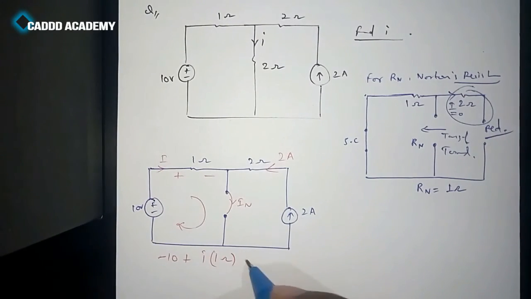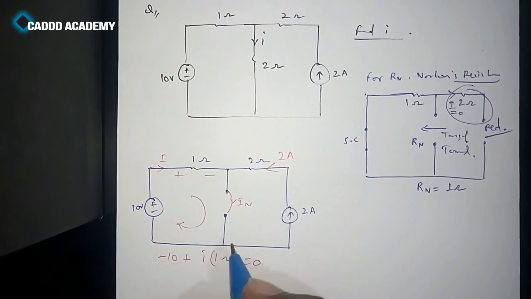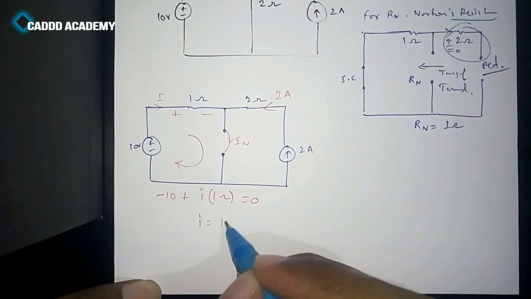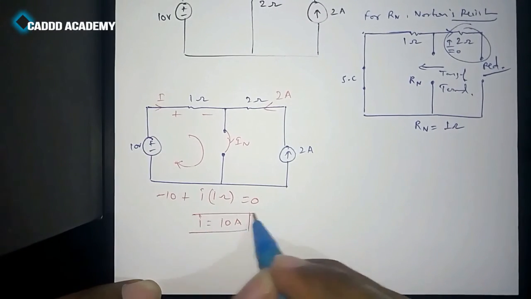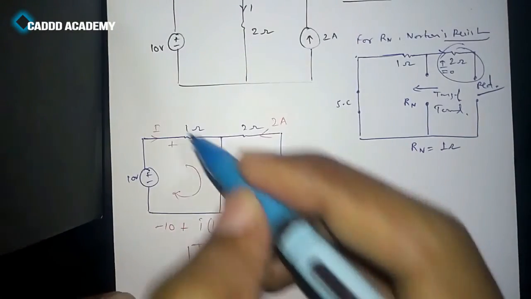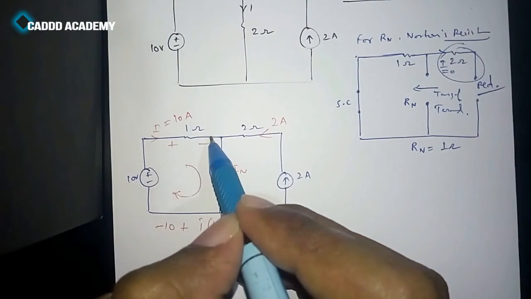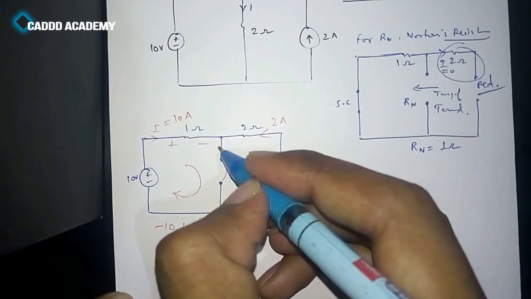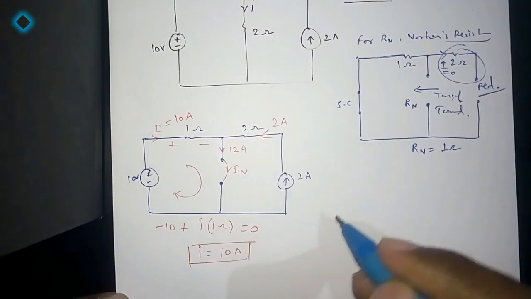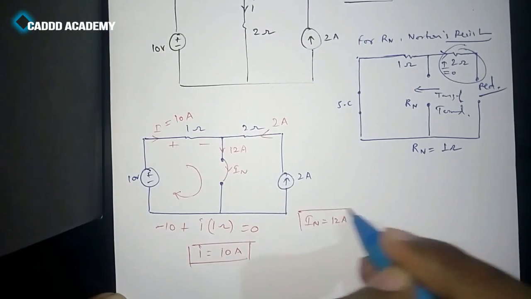So I is equal to 10 ampere. So 10 ampere coming from this side and 2 ampere here, then here will be 12 ampere of current, which is In is equal to 12 ampere.